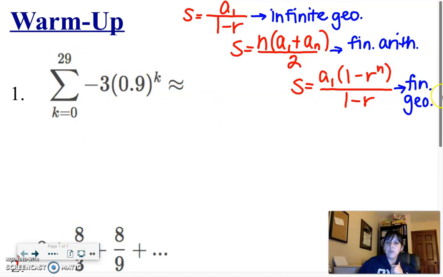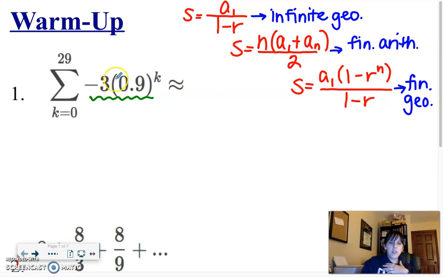Okay, so I have three different examples here. We have to choose what kind of series we're looking at, whether it's arithmetic or geometric, and then whether it is finite or infinite. For this first one, you start with this part of the question and look for a format, meaning an explicit formula format for an arithmetic or geometric sequence.